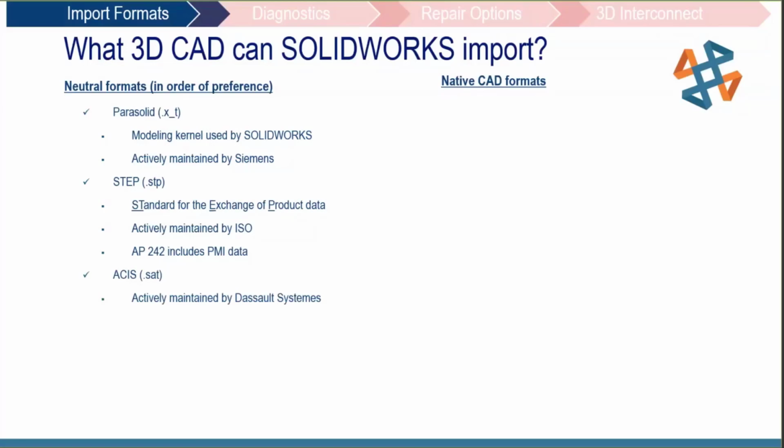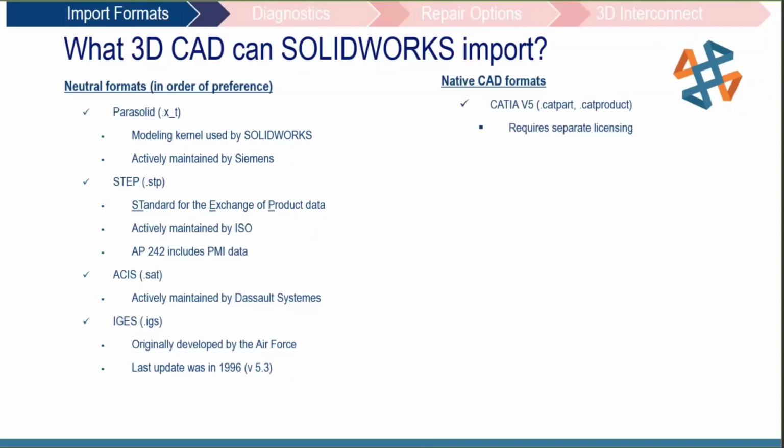ACIS, SAT, that is also maintained by Dassault Systèmes, so that is another pretty successful file type. IGES, that is a common one. It is actually not maintained, so the last update was in 1996. So really that would be lower on the file types that you would try to request. Obviously you don't always have control over which file types you might be receiving.